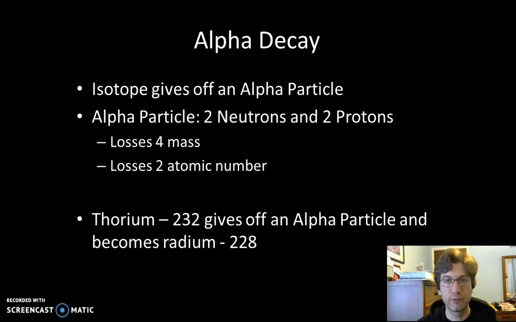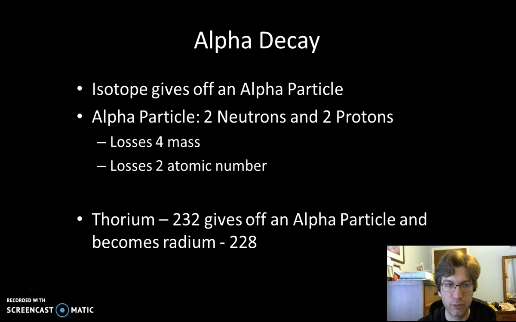So let's start with alpha decay, probably the easier of the two. Alpha decay is going to require a little bit of math here. Basically, our isotope is going to give off what is called an alpha particle. Our alpha particle consists of 2 neutrons and 2 protons.